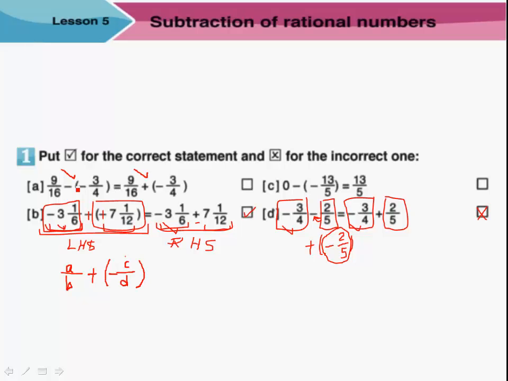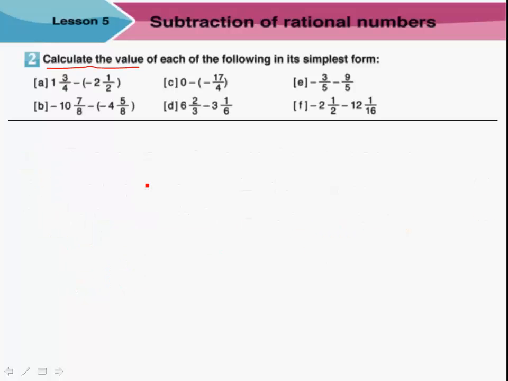We didn't calculate the values of the summation of each side. But here he asked us to calculate the value. So we must calculate the value of each one of the following in its simplest form. Again and again, please put line under simplest form. Otherwise, you will forget to put the final result in simplest form.